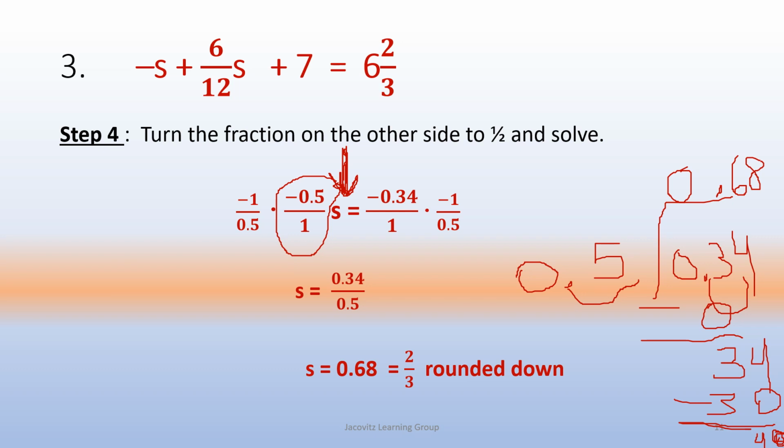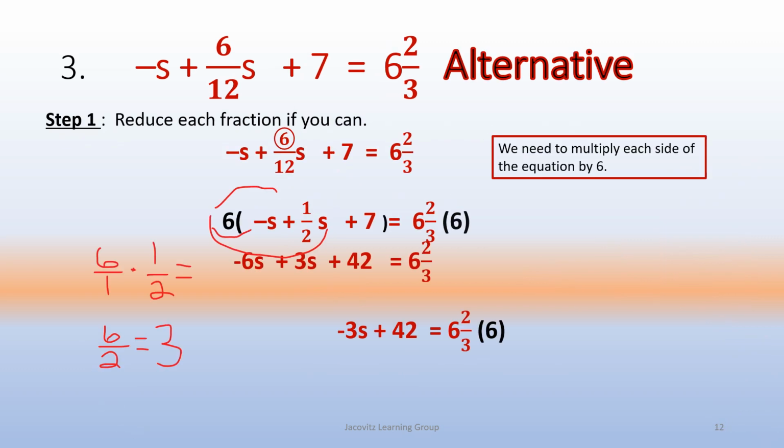So that's how you get it as a decimal. And see, the answer choice that we had from the book was 2/3. So you have to know your decimals and fractions if you do it this way. If not, here's the alternative method.